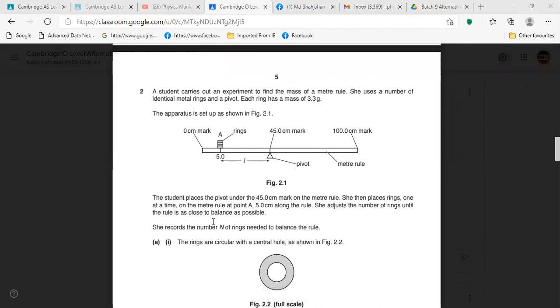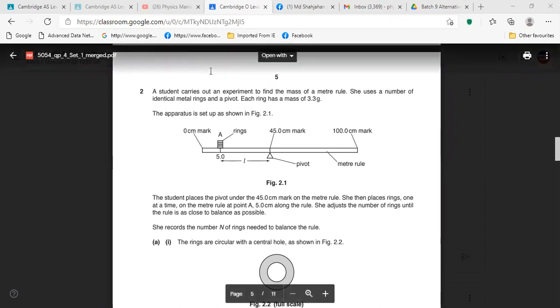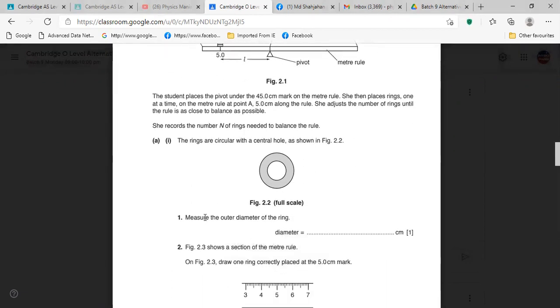The rings are circular with a center hole as shown in figure 2.2. Measure the outer diameter of the ring. You have to use the ruler to get it. So you measure it.